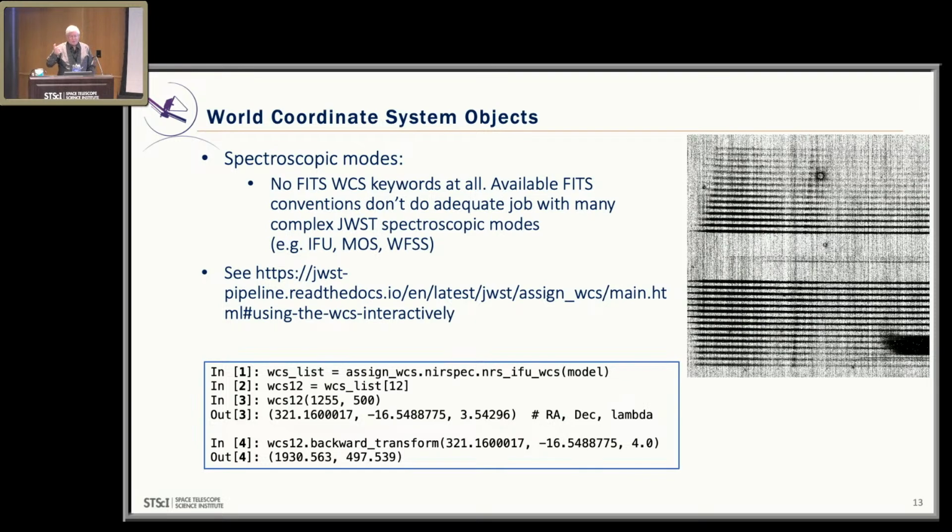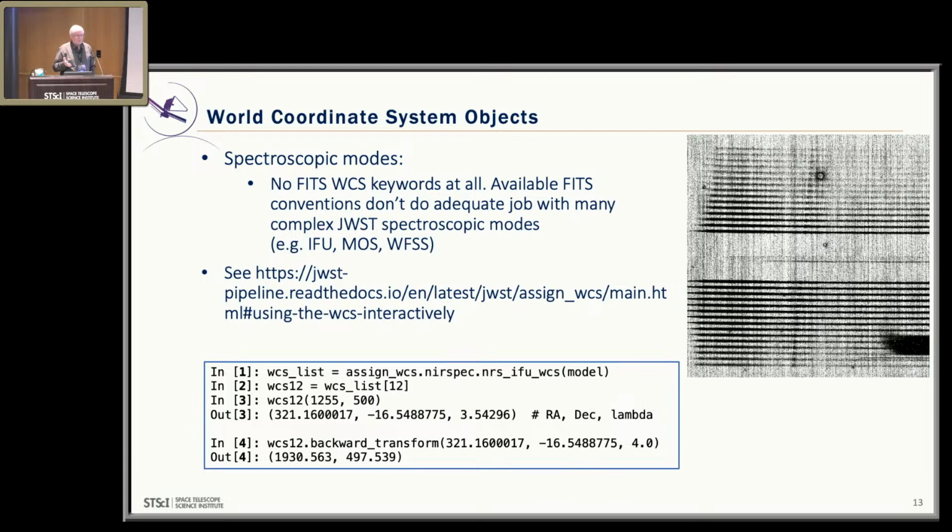And then moving on to spectroscopic modes, because the spectroscopic modes are often so complicated, like for IFU data or NIRSpec MOS data, it's virtually impossible to try to store anything physically reasonable for World Coordinate System information in any of the available FITS WCS conventions.